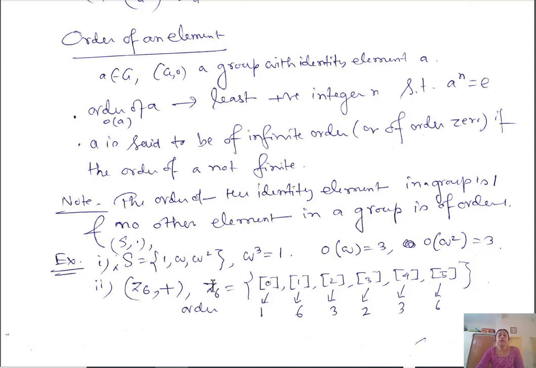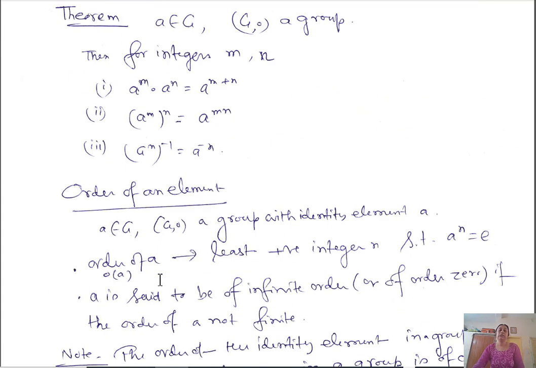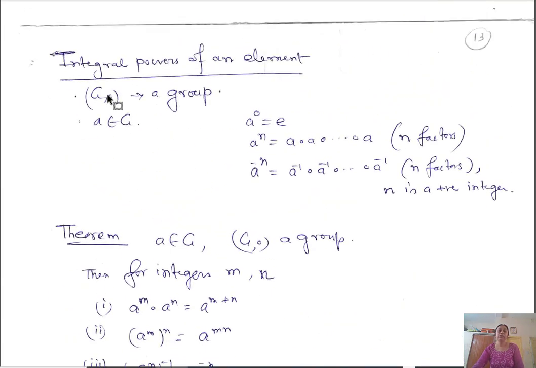Just remember, when you have a multiplicative group, you have to consider the least power. In the case of an additive group, you have to consider the least scalar multiple. That is the difference between these operations. Because if you have an additive group, the composition is additive, a plus a plus a.